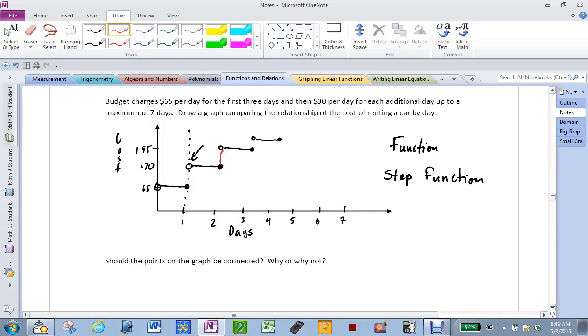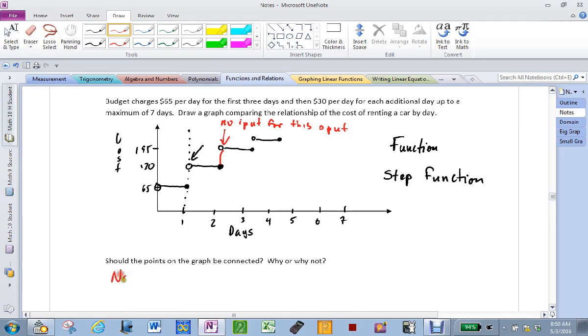Can't connect them, right? There's no input for that output, is there? No input, no output for this output. Everybody with me?